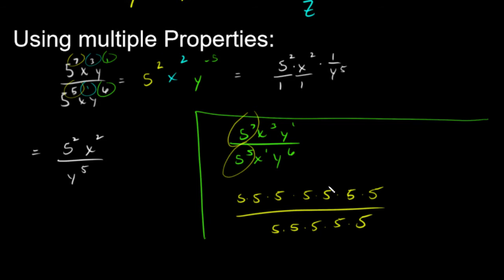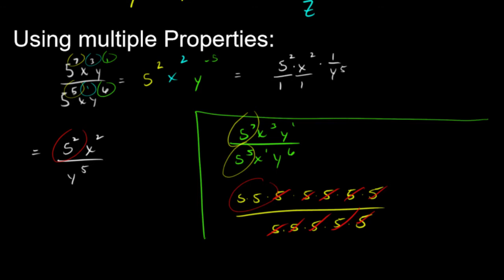And then imagine that you canceled everything you could, right? So you canceled five pairs of 5s. How many 5s do you have left and where are they? Well, you have 5 to the 2nd because there are 2 5s and they're on the top. So when you simplify this, there will be 5 to the 2nd on the top.